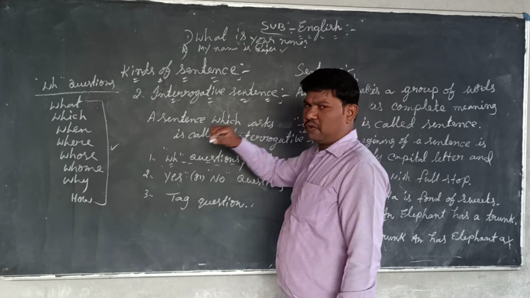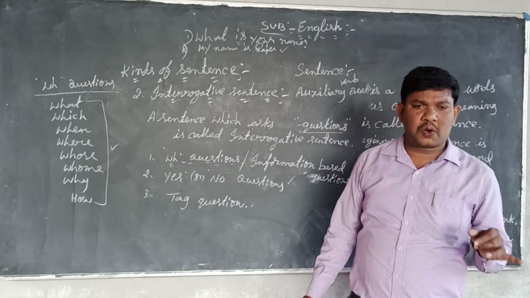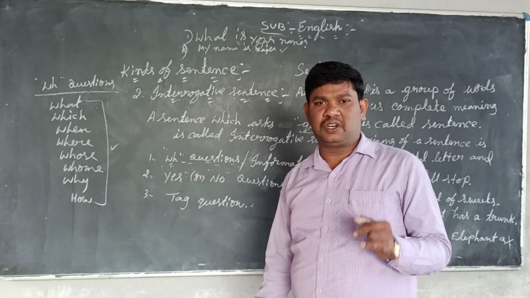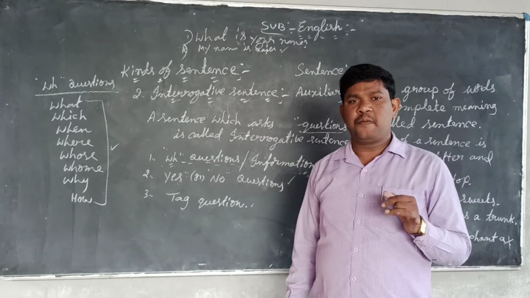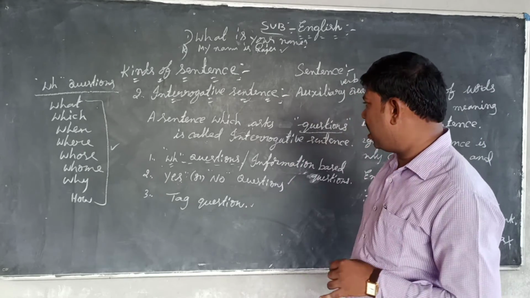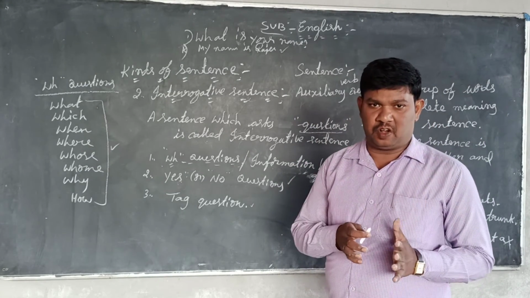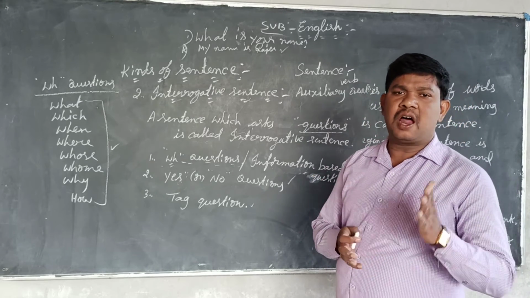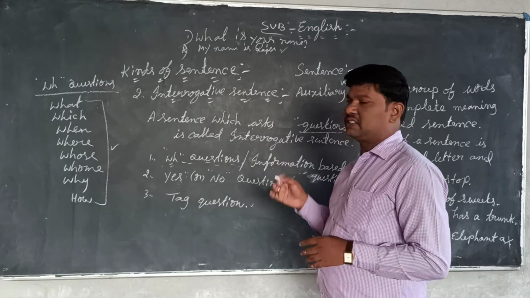What are the auxiliary verbs? Is, am, are, can, and do, does, did, was, were, will, shall, could, may, might, should. All these are auxiliary verbs. When the question begins with an auxiliary verb, the answer must be yes or no.